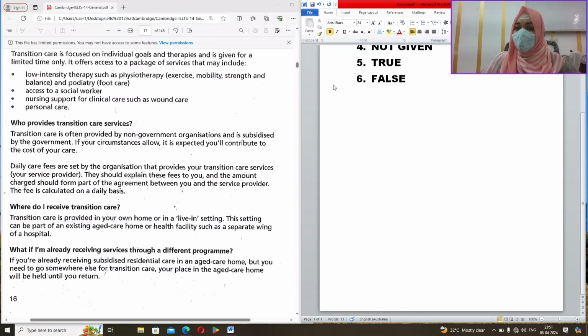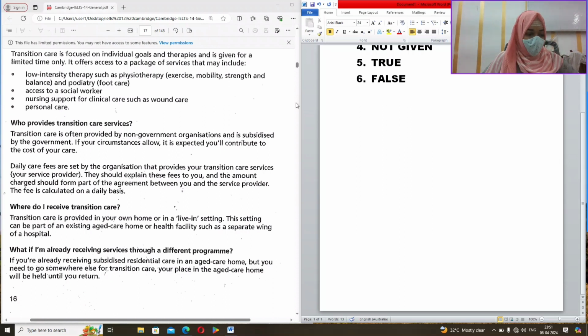So be careful with some, all, majority. If the question says majority and the passage says all, majority is different and all is different. Don't confuse them. All means 100%, while majority means something like 50 to 60%. So be careful while doing this.